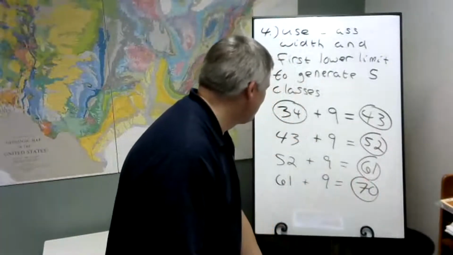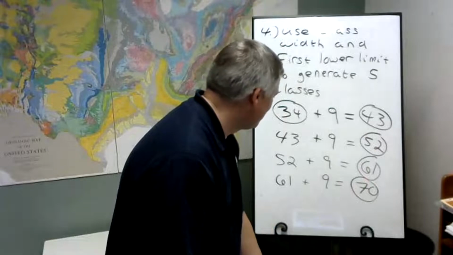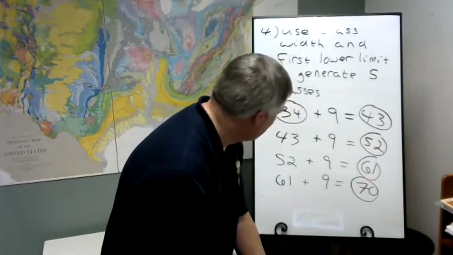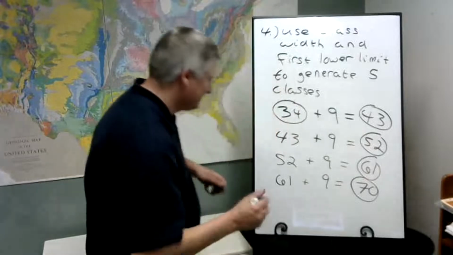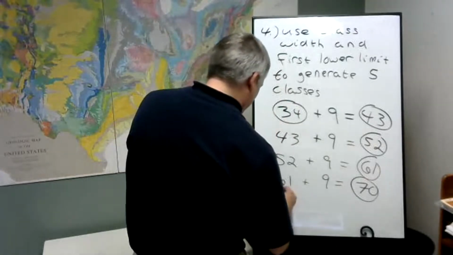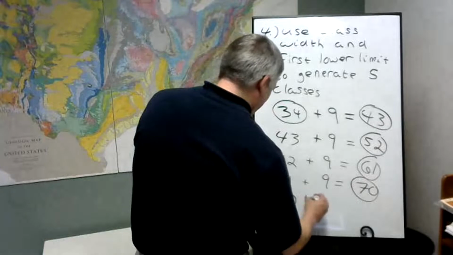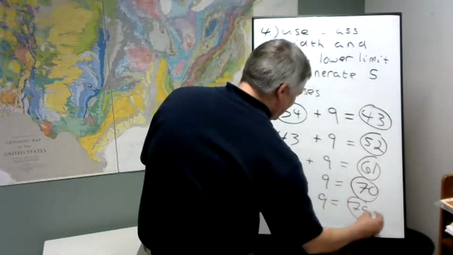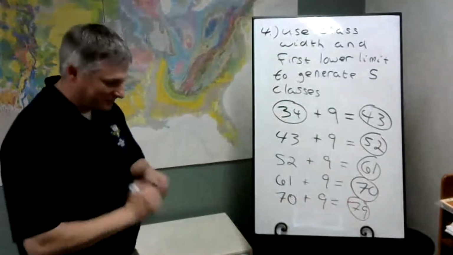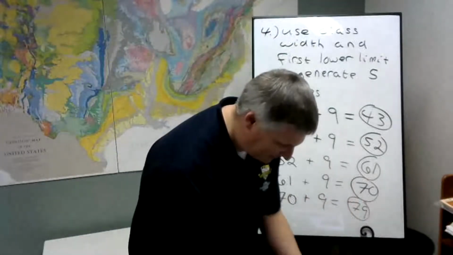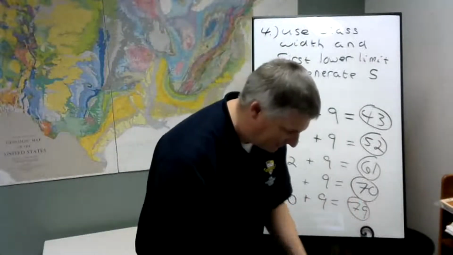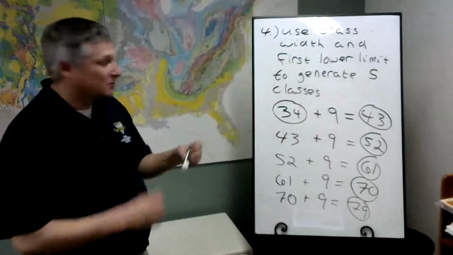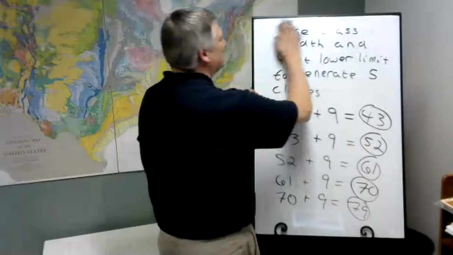Let me make sure. And then we take this lower limit, add 9, we get this lower limit, 79. And so this is going to give us our classes.